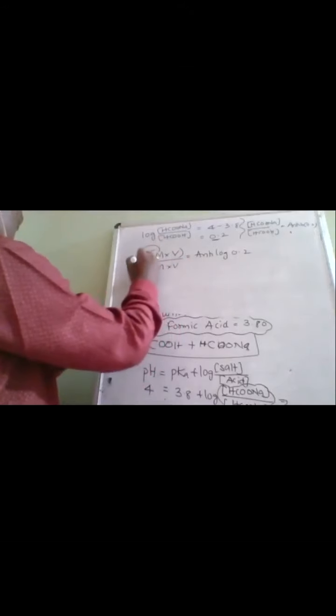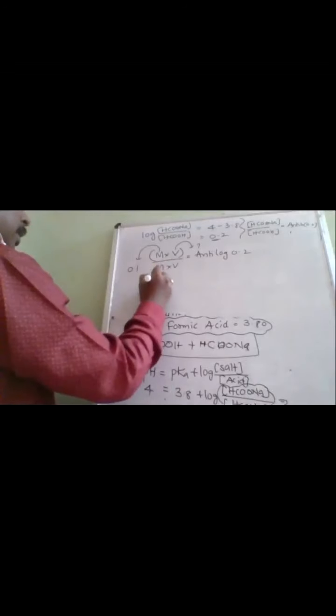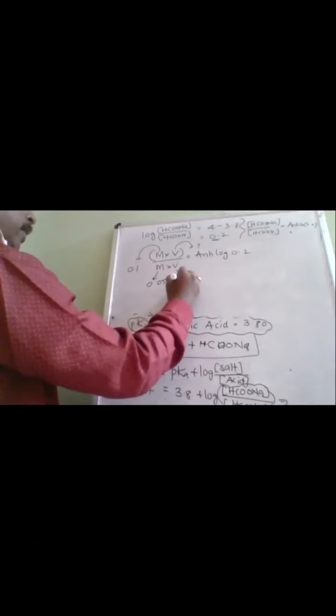In the question it is already given: 0.10 molarity sodium formate, volume is the question mark, and molarity of formic acid is 0.05 with 50 ml.